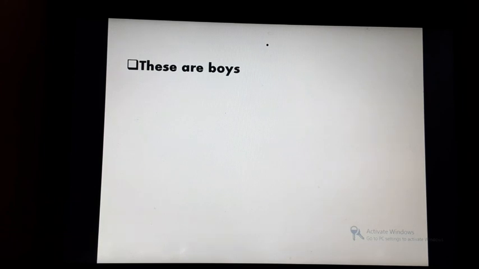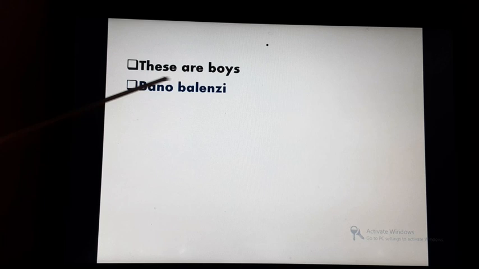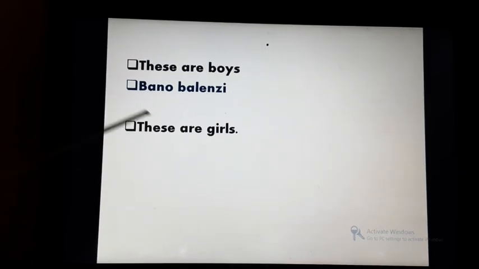Okay, let's look at another example. These are boys. Boys are people. In Luganda it is going to be bano balenzi. The next one. These are girls.